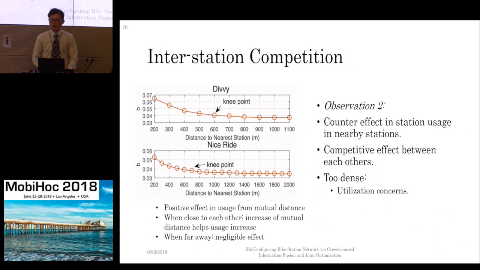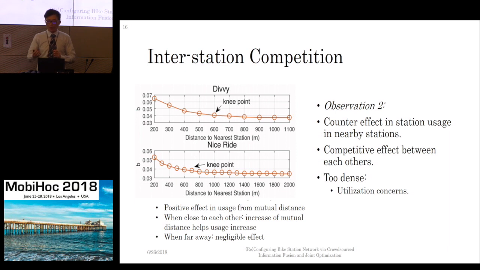On the other hand, we also observe a counter effect in the bike usage in nearby stations. In the left-hand figure, we conduct a regression upon the usage and the mutual distance of the neighboring stations. The positive regression parameter here indicates a weak positive effect between the usage and the station distance. If we carefully consider the short distance, where the effect is larger, for example 200 meters to 600 meters, we can infer that the station usage tends to increase in a sharper trend if two neighboring stations are farther away from each other.